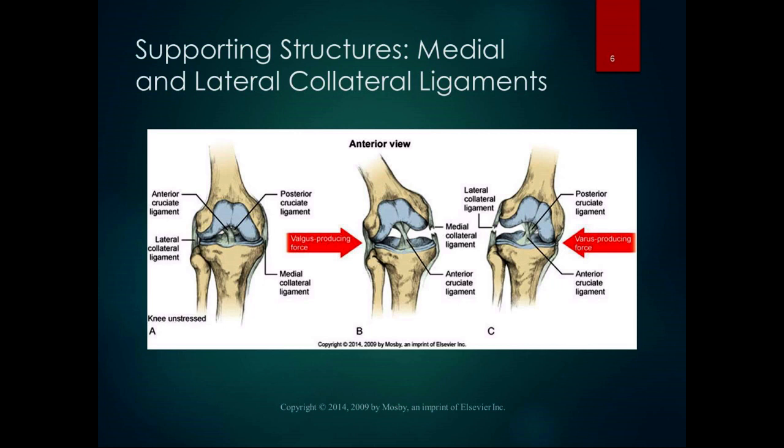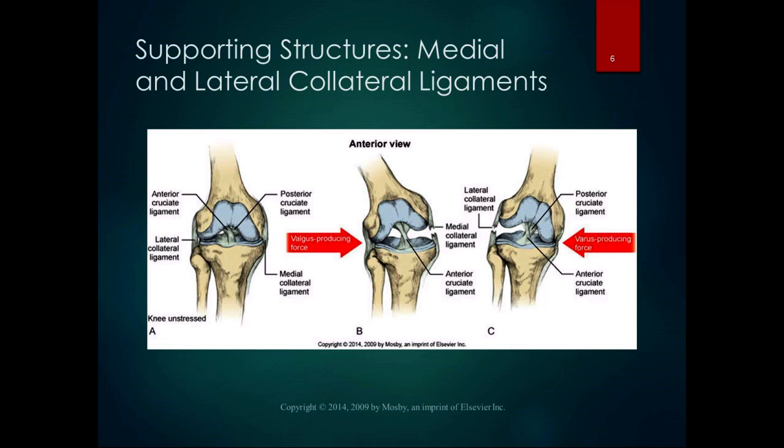So you can imagine when you're playing soccer, or football, or any contact sport, valgus producing forces are much more common. The other thing, when you're skiing, as you put pressure on the ski to weight that inside edge, you are producing a valgus force.